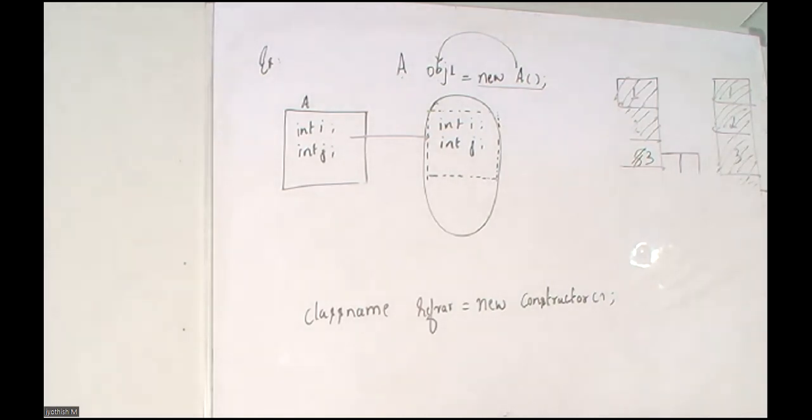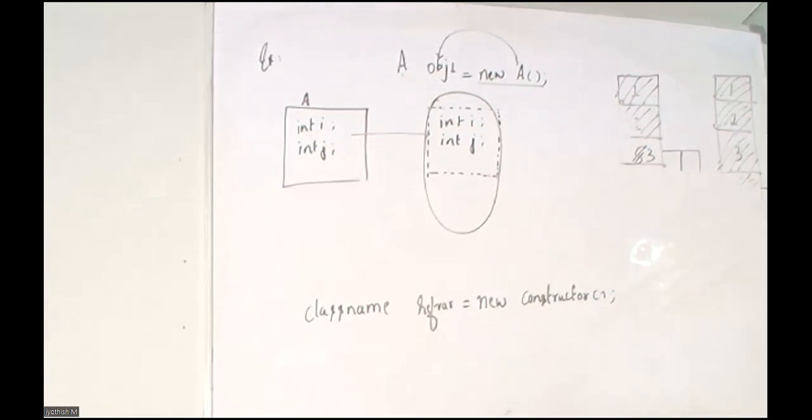Static members are also called class members. Why? Because they won't move out of the class. When you create an object, they won't move. It is only one copy. Non-static members are called instance members, or object members. If you want to use them, you need to create a copy.